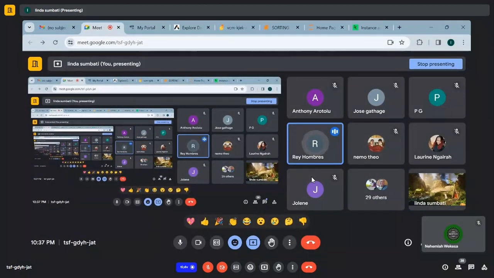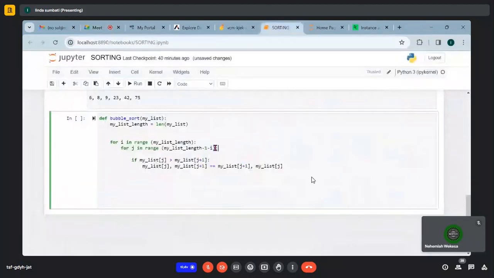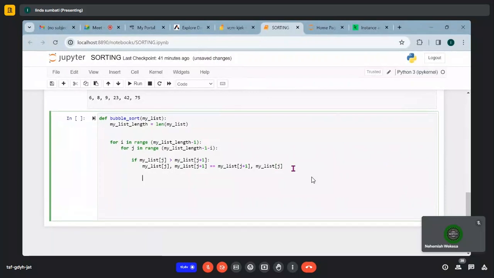If we use that range. Okay, let's try both. Let's start with this one, then we'll see if we get an error. Then we'll know, because as I told you, this is something you're writing from scratch. So the return will be here. Help me with the indentation, please. I don't want it to look weird.